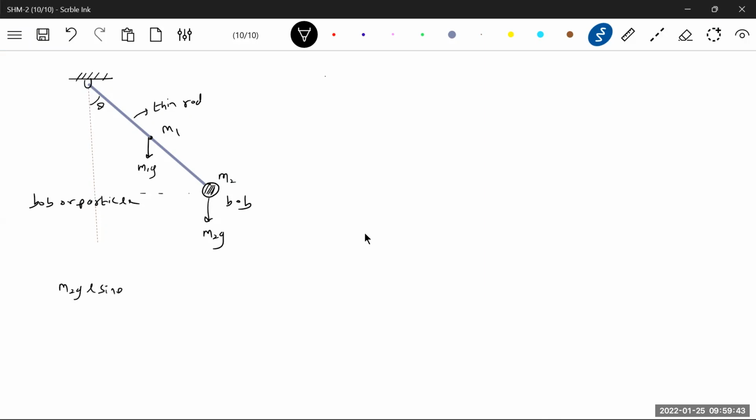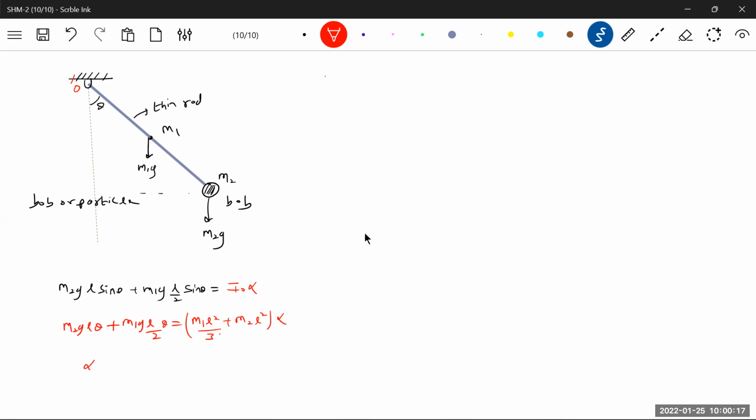So then what is the expression? M2 g L sin theta plus M1 g L by 2 sin theta is equal to I naught alpha about the point of suspension. So this will be M2 g L theta plus M1 g L by 2 theta. Moment of inertia, what shall I write? That of the rod will be M1 L square by 3, and M2 L square for the bob.